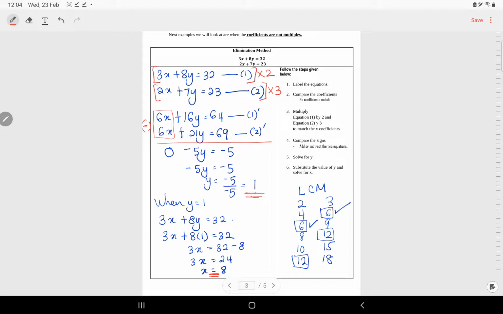We have seen similar coefficients, coefficients that are not multiples, and coefficients that are multiples of each other for the elimination method. In our first lesson, I told you that simultaneous equations can be solved by one, the elimination method, and the second one, the substitution method.